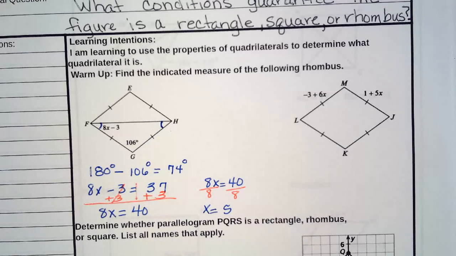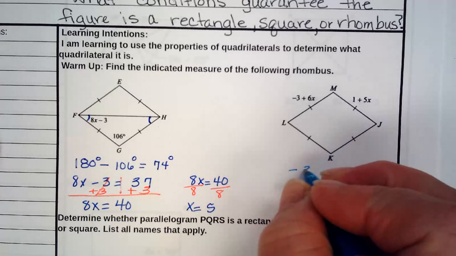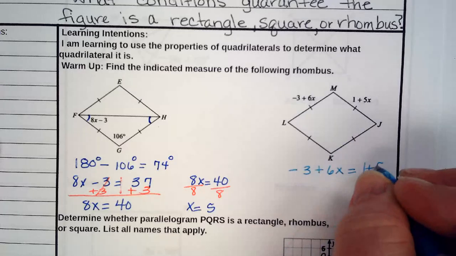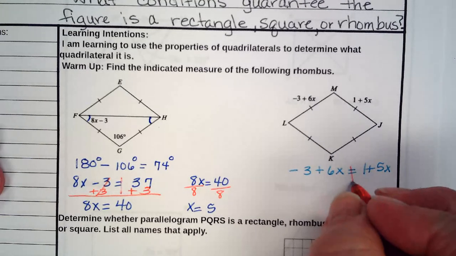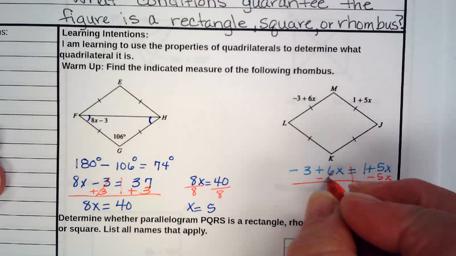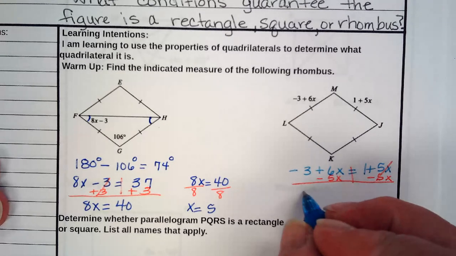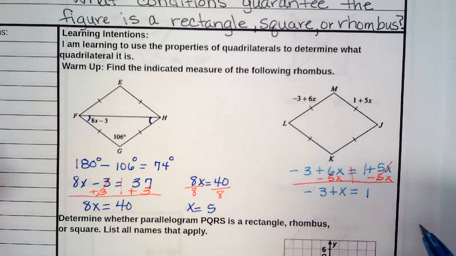What about the next one? What do we know about the length of the sides? They're all congruent. If they're all congruent, then -3 plus 6x is equal to 1 plus 5x. Now we solve. Subtract 5x from both sides. -3 plus x is equal to 1.